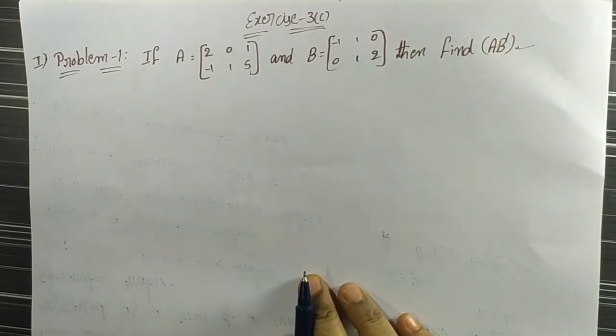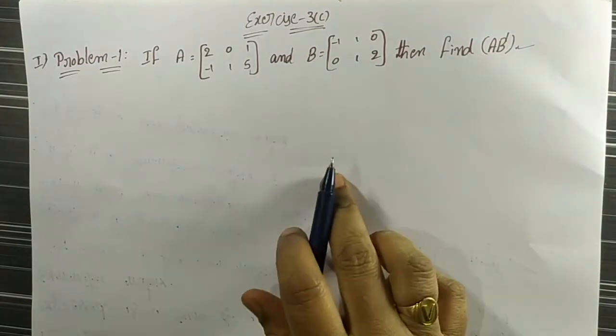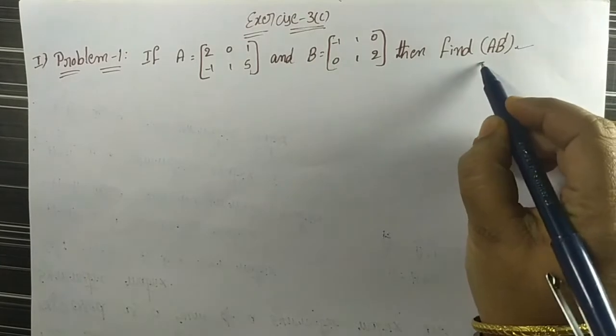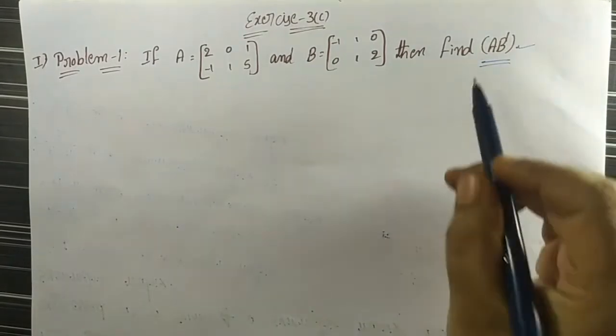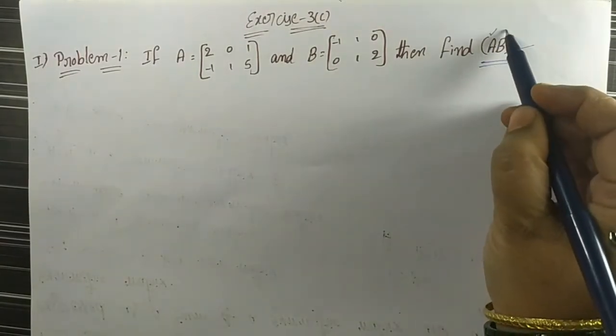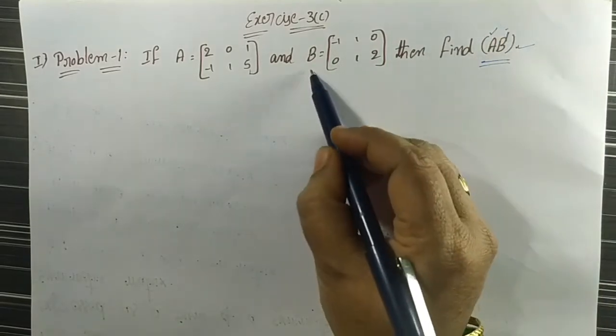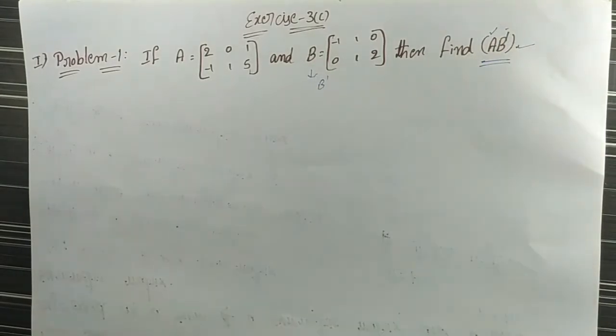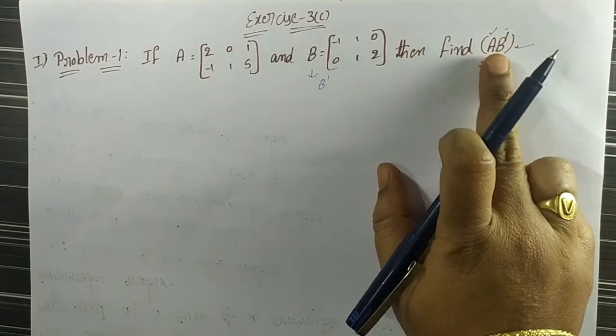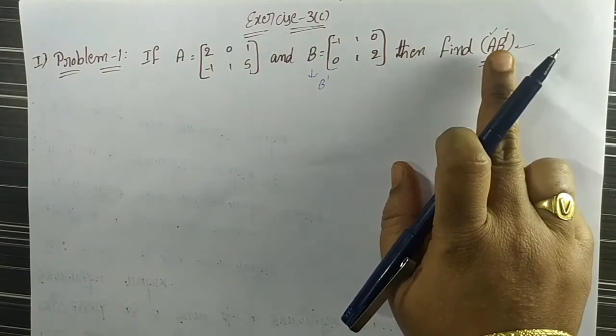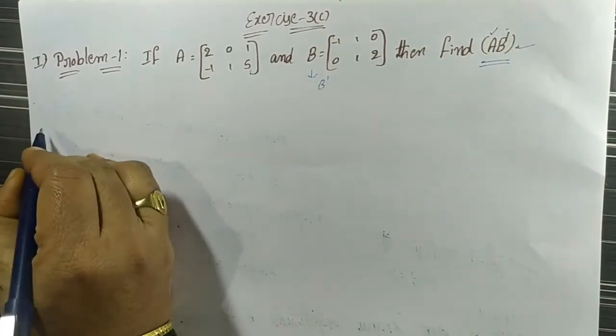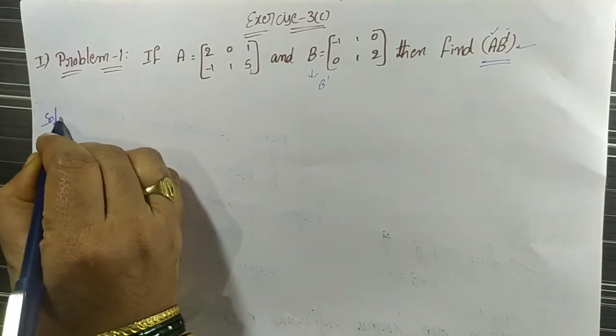This is our given problem. In this problem we have to find the AB' value. For that we are given the A and B values. By using B we can find B', and then multiply A and B', then we will get AB'. Then we will go to the solution.